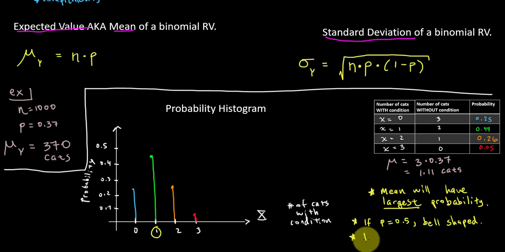If, say, our event probability for our kitty cats was 0.9, like 90% of cats had the condition, well then the largest probability would be up here, and then the left tail would be really long. So if that was the case, then this would be left skewed.